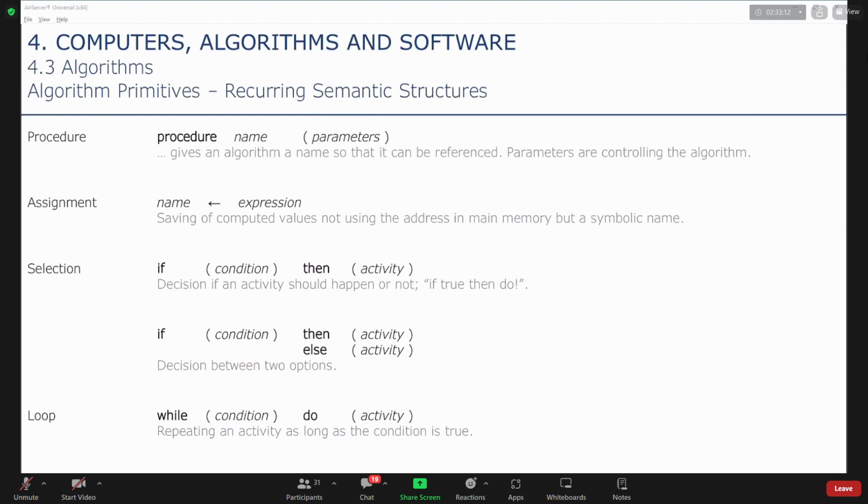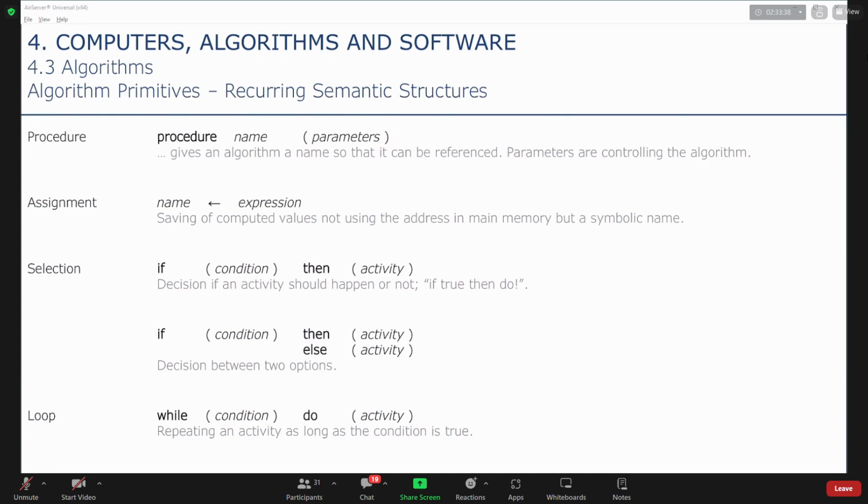That's the interface of your procedure, of your algorithm. Then you have an assignment, which is saving off computed values, not using the address in main memory, but a symbolic name. So usually in your algorithm, you're not using an address like we did, the memory cell 15, because that's something your compiler is handling for you if you're programming.